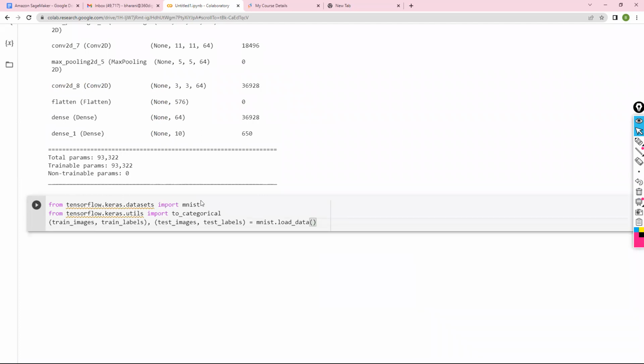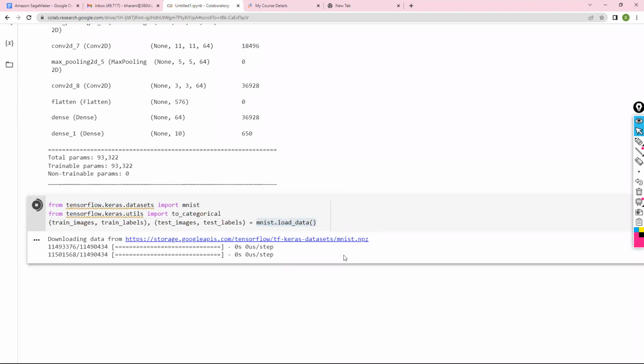So we are importing the MNIST dataset, and from Keras utilities, we are importing something called to_categorical, which would convert the data into one hot encoding format. You're loading the data, and within Keras, this specific dataset is already split into training images, training labels, test images, test labels. That part is already done. So when you load it, that is how it gets loaded.